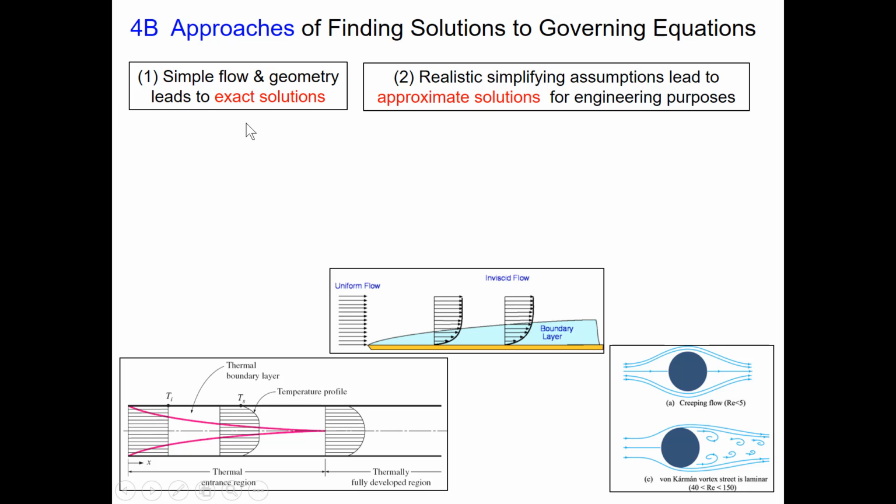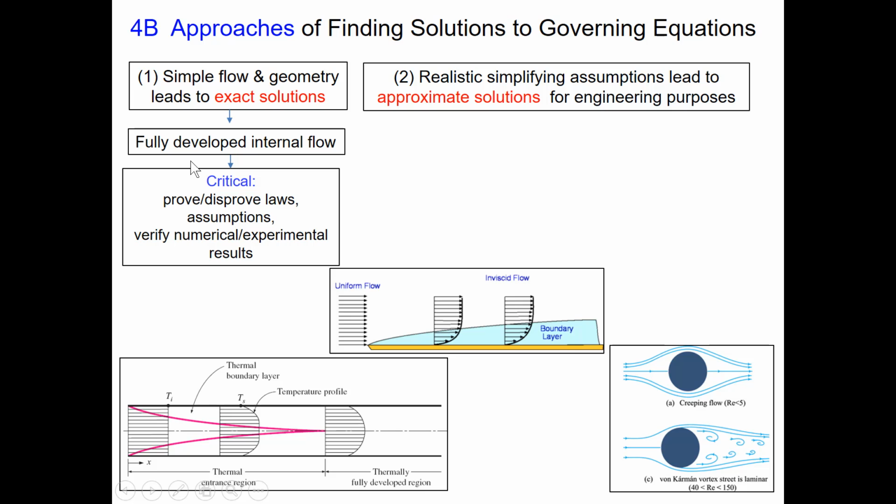One is to seek exact solutions for very simple flow and geometries. 2 is to make realistic assumptions to obtain approximate solutions. For example, for fully developed internal flow, the exact solutions to the governing equation do exist.